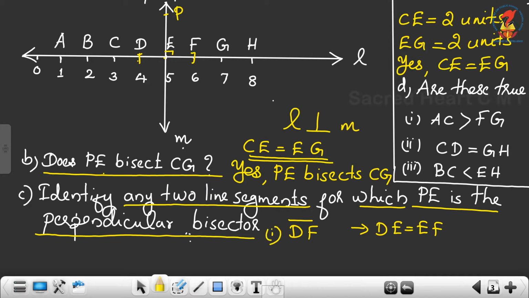Now, we have to find out another line segment also. We already got that P bisects CG. Now, we have to find out one more.